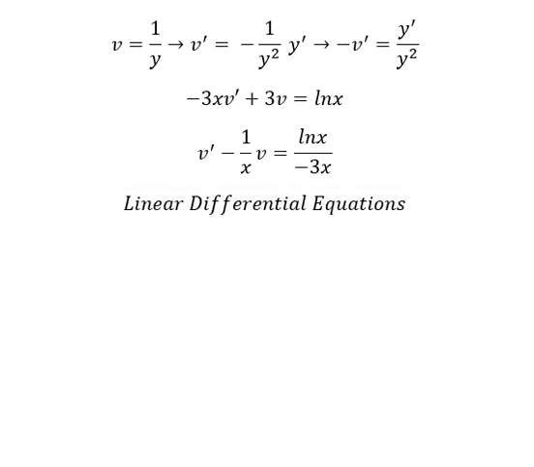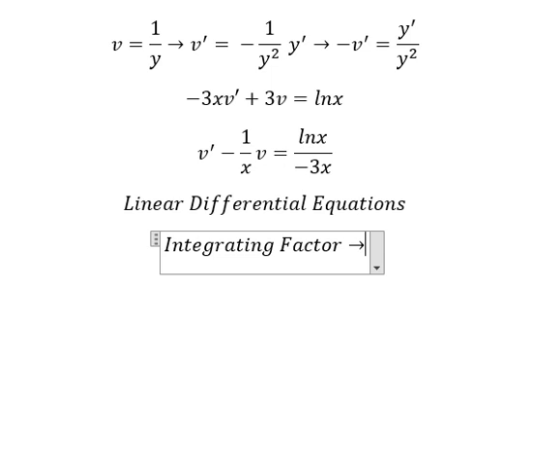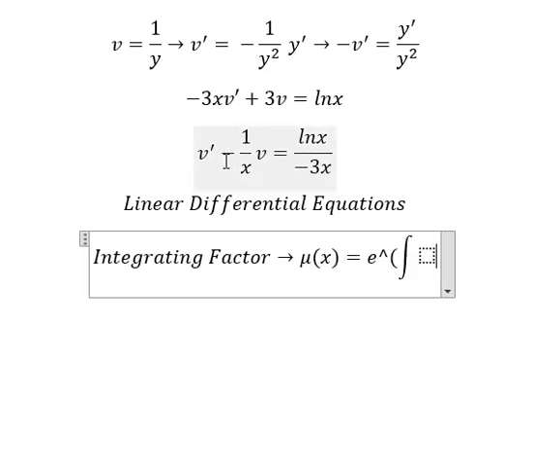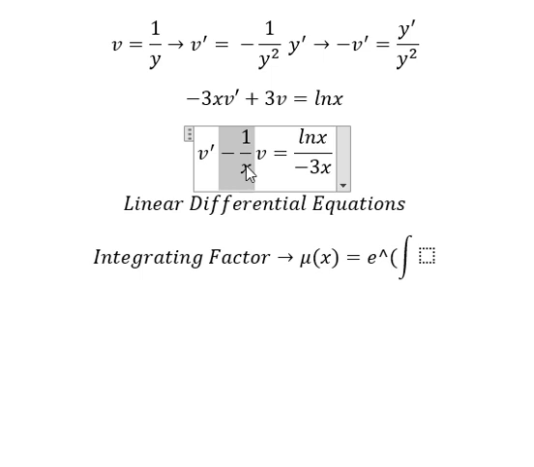So I will put the integrating factor. We need to find mu of s equals e to the power of the integration. We see that negative 1 over s is next to v. This is for the integrating factor.